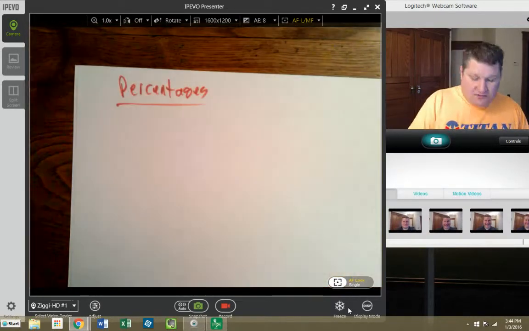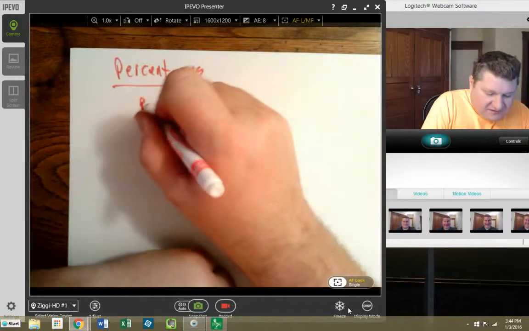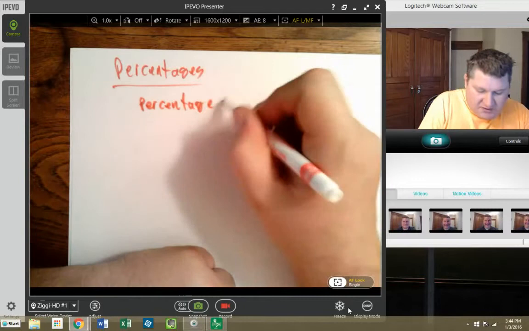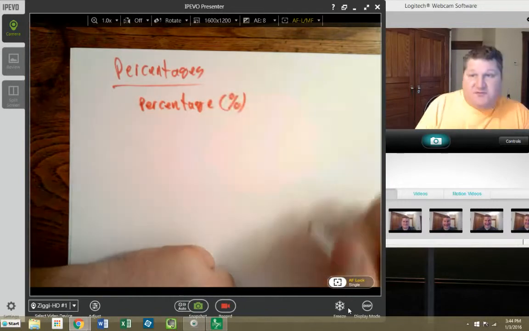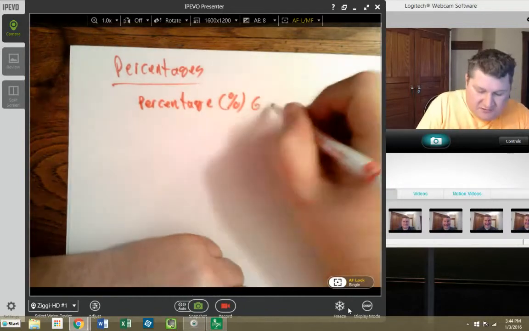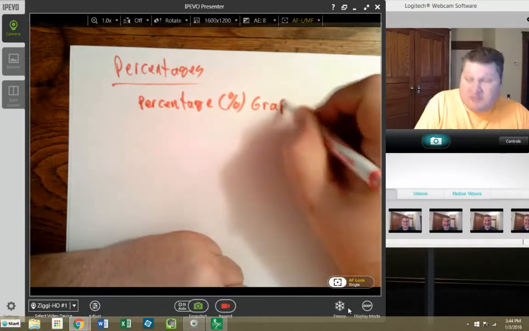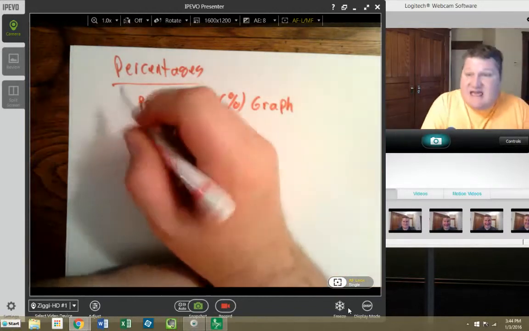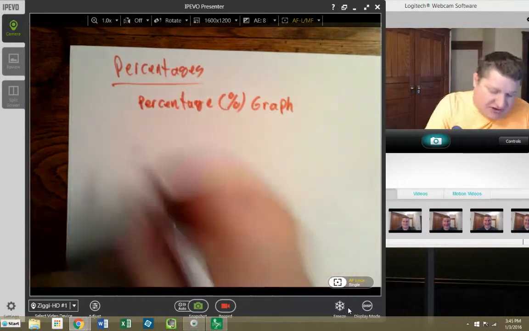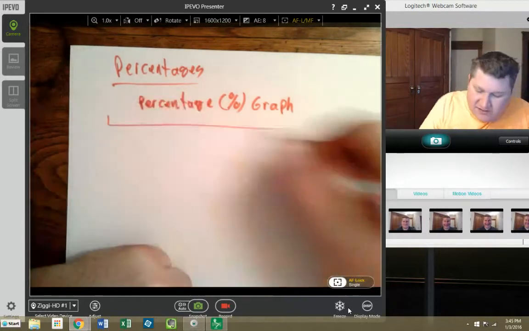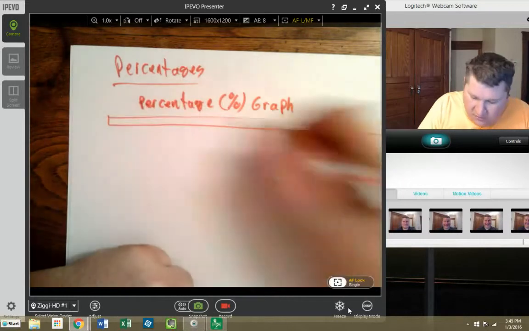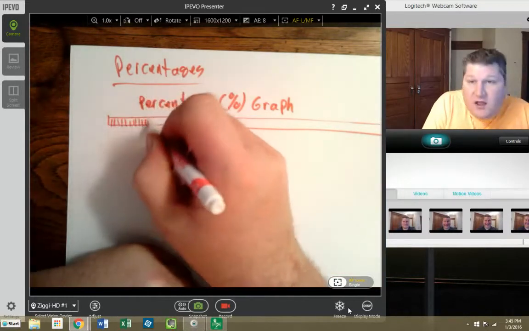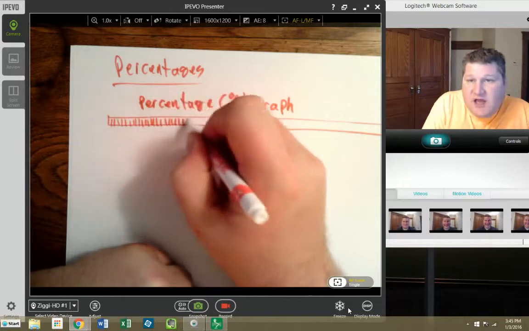Okay, and for a percentage graph, you know what I'm going to do? I'm going to use the symbol for percentage every time because I don't want to write percentage out all the time. So let's take a look at a percentage graph. If I had a real technical percentage graph, I would have a little line that goes all the way across, broken into 100 little lines.